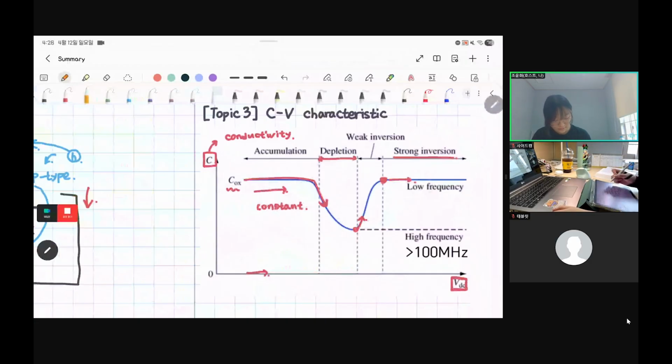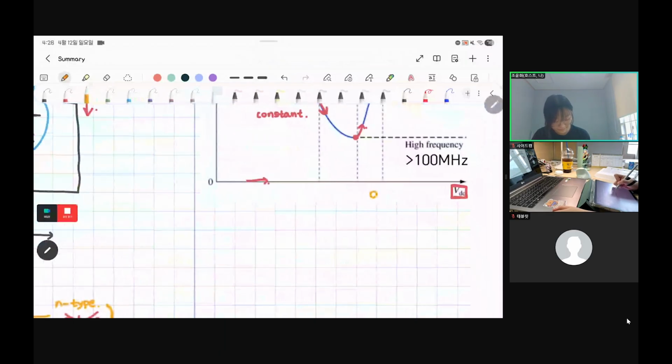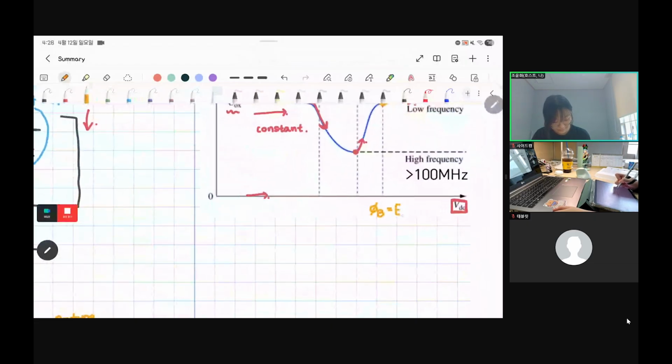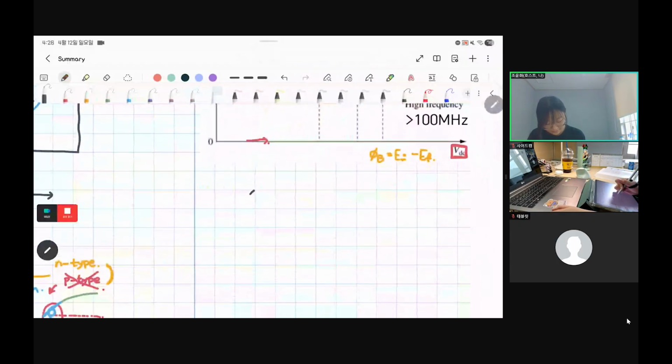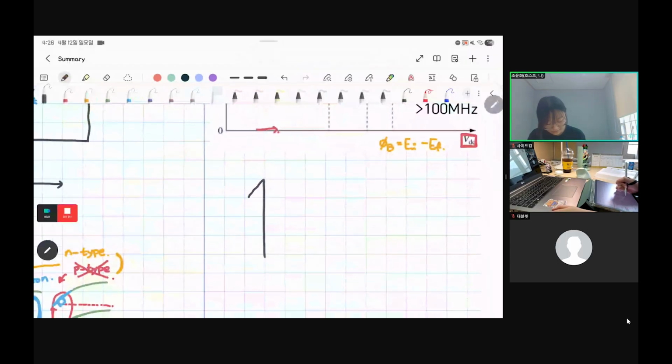And we can call this part 2 phi b. The 2 phi b means the intrinsic Fermi level minus Fermi level. For example, we drew an inversion state of the energy band diagram.